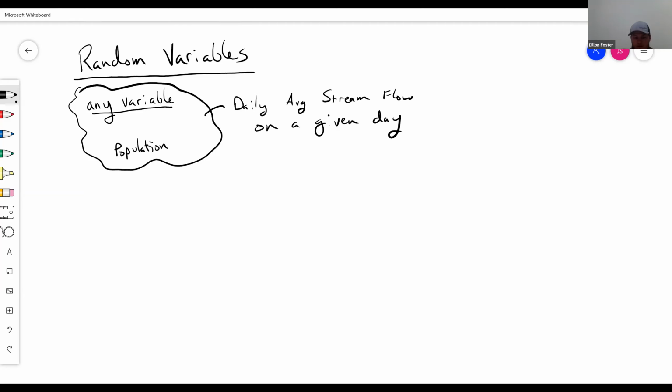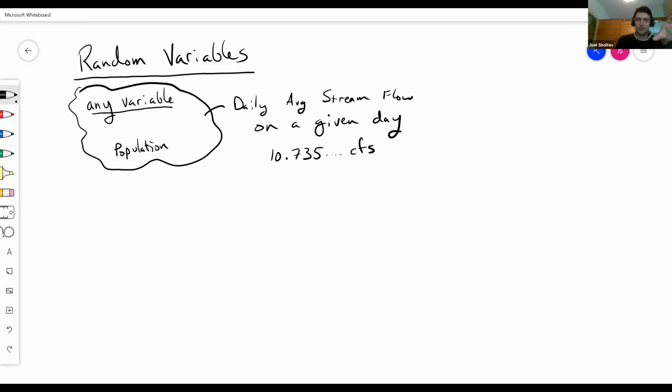Continuous, because it could be any value. It could be 100 or 10.735 CFS, right? So that's continuous. It can take on any value, and the probability of it taking on a specific value, all the way out to however many decimal points, is basically infinitesimally small.